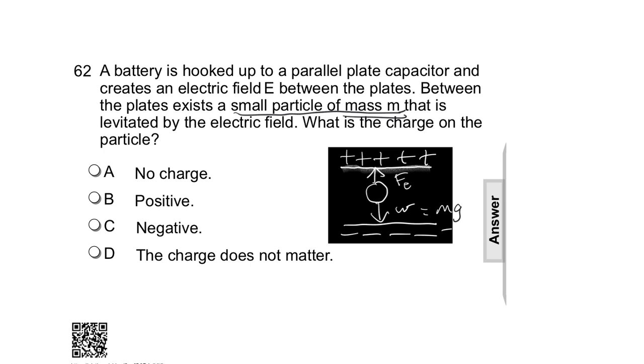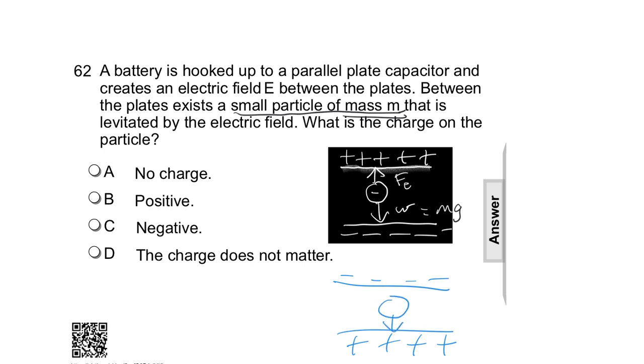So if I had been given that picture, what would attract a positive? So the charge on the particle has to be negative. Now if it was flipped around, if they had given you a picture like this instead, here's the mass.